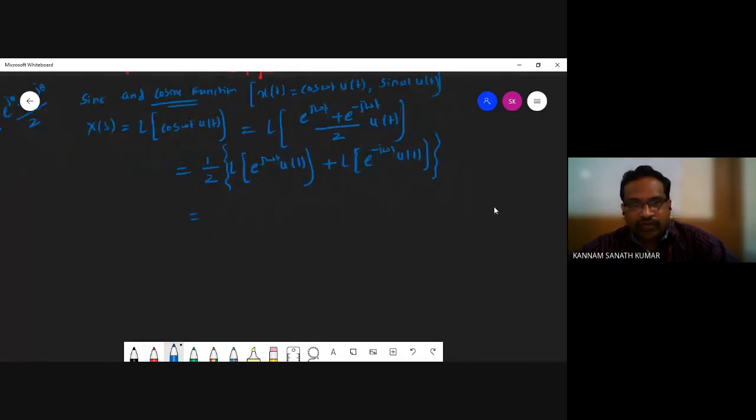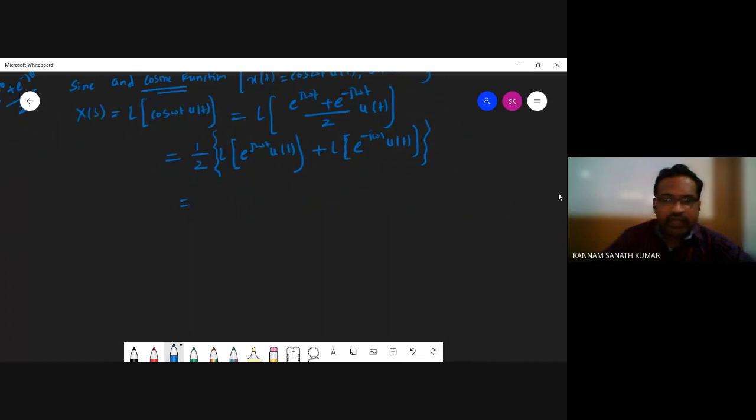So apply those. That is 1 by 2 times 1 by s minus j omega plus 1 by s plus j omega.